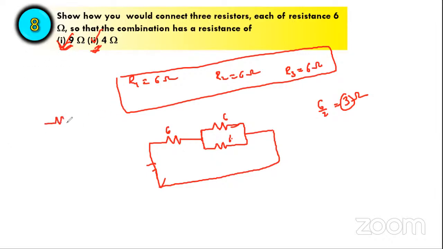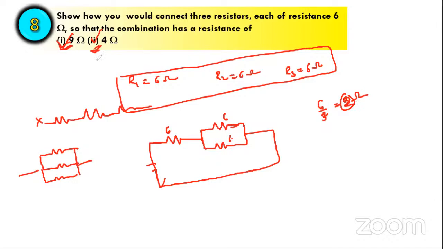All 3 in series gives 18, so that combination has failed. And all 3 in parallel, how much do you get? 2 ohms, 6 by 3 you will get. Then how to connect?